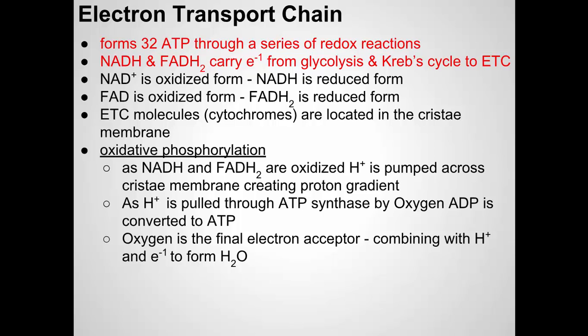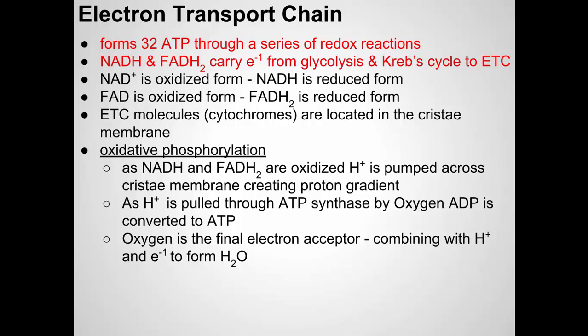So as we talked about our question of the day, NADH, that's the reduced form when it has gained electrons. FADH2, that is the reduced form. Their oxidized forms are NAD plus and FAD. So these electron carriers bring the electrons to the electron transport chain.